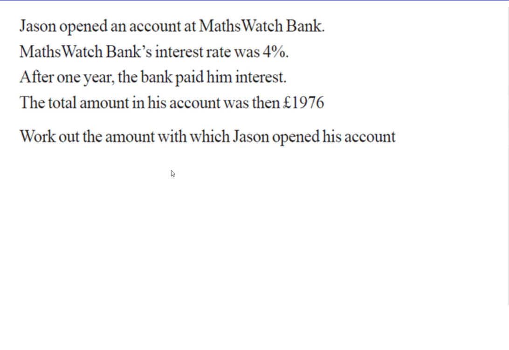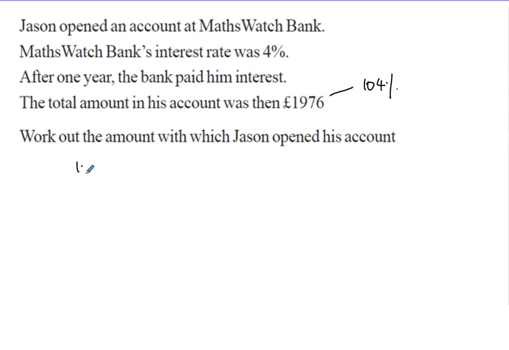Jason opened an account at Matt's Watch Bank. Matt's Watch Bank interest rate was 4%. After 1 year, the bank paid him interest. The total amount in his account was then £1,976. So you can tell that is your 104%. So this is a nice simple one.